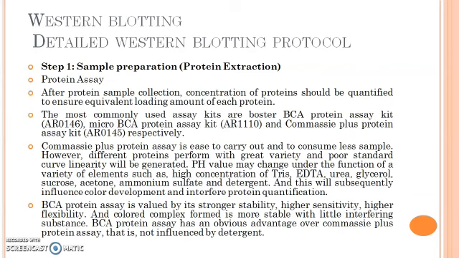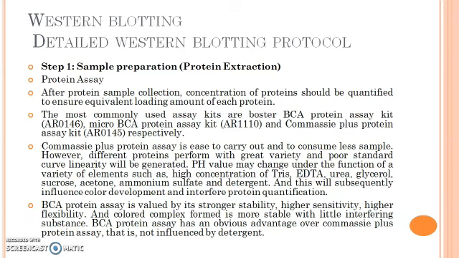Protein assay. After protein sample collection, the concentration of proteins should be quantified to ensure an equivalent loading amount of each protein. The most commonly used assay kits are the Booster BCA protein assay kit, Micro BCA protein assay kit, and Coomassie Plus protein assay kit. Coomassie Plus protein assay is easy to carry out and consumes less sample.